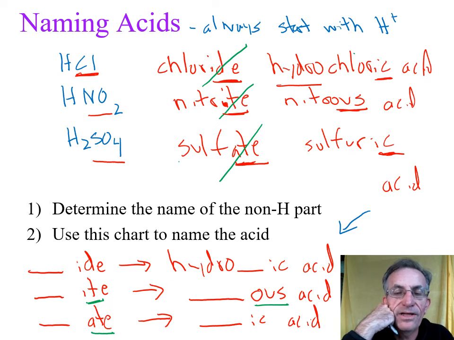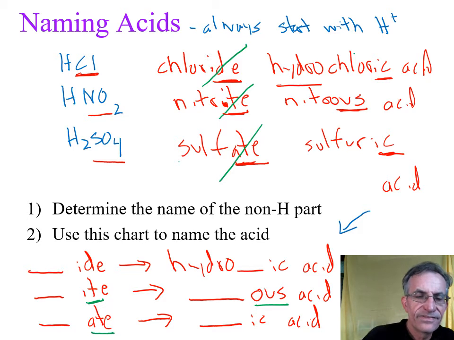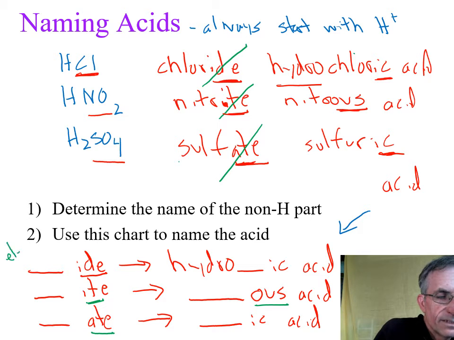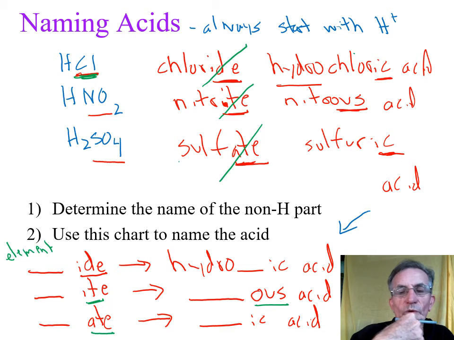Now, let me give you a couple other tips that might help you keep them straight. If you have an element, elements when they are part of a compound, negative elements, non-metals, anions, they'll end in ide. So this first line of our chart, this first possibility, is when the non-hydrogen part of the formula is an element, like chlorine, just one atom, chlorine in this case.